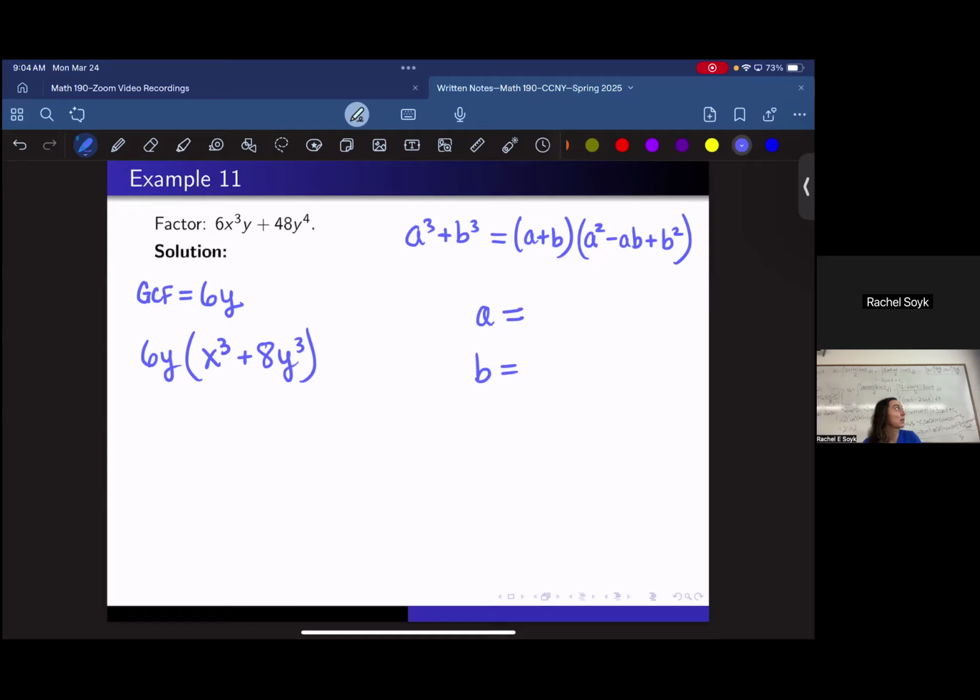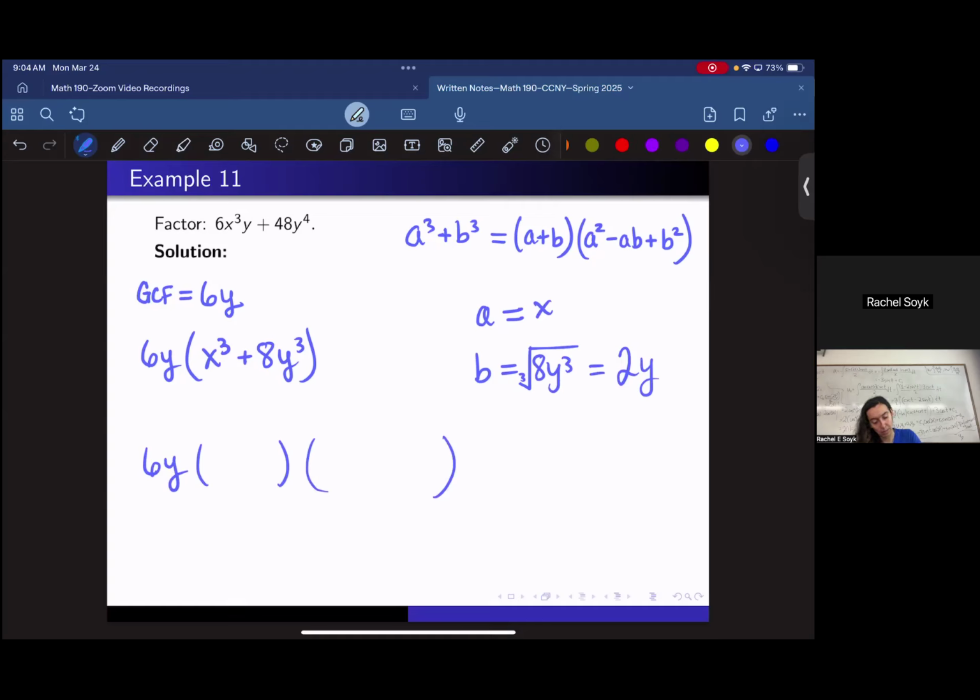Or not square root, what's the cube root of x cubed? Just x. What is the cube root of our 8y cubed? Just 2y. And so now let's substitute everything in.